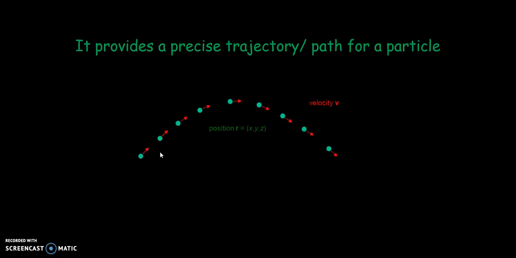That is, if we are throwing a stone or driving a car, we could identify its position at any time and also have its speed at any point, as the velocity is the change in position with respect to time. And we can also get its momentum, as P, momentum, equals mass into velocity.